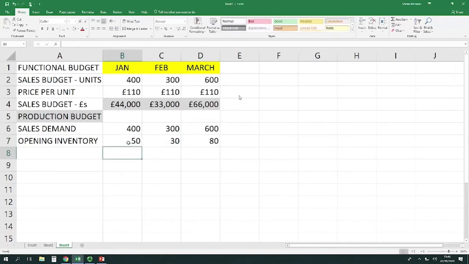What we need to understand here, to work this out: if you are going to sell 400 units in a month and you already have 50, how many are you going to produce more? 350, yeah? So what we need to do is reduce less. We need to minus opening. So I'm going to add less here.